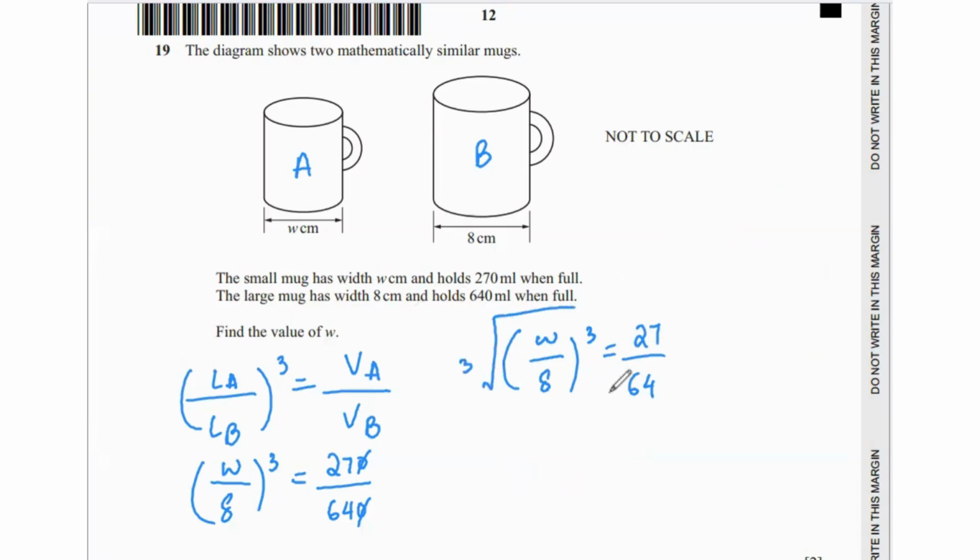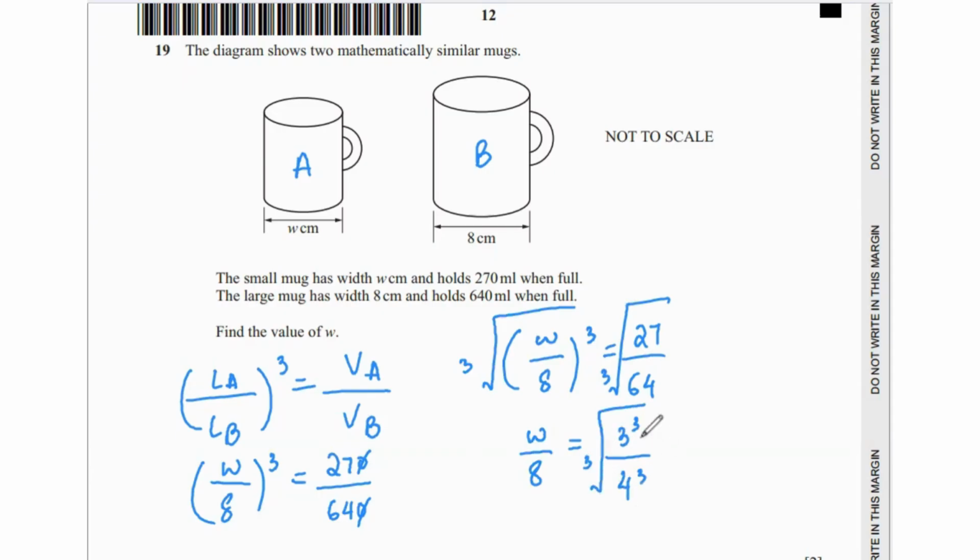The cube root of a cube is 1, because like I said before, when we're cube rooting a cube, the powers get cancelled out. So that's going to give us W over 8. And we know that 27 is 3 cubed and 64 is 4 cubed.